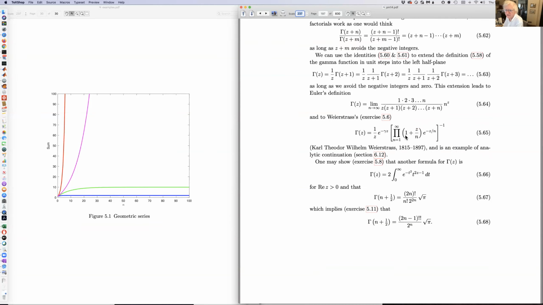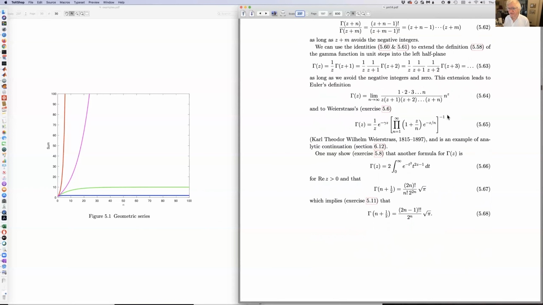Weierstrass, on the other hand, developed an infinite product formula. And in fact, I can imagine that this infinite product formula lies behind Stirling's exact formula for n factorial, because it looks a lot like it, but I could be wrong.